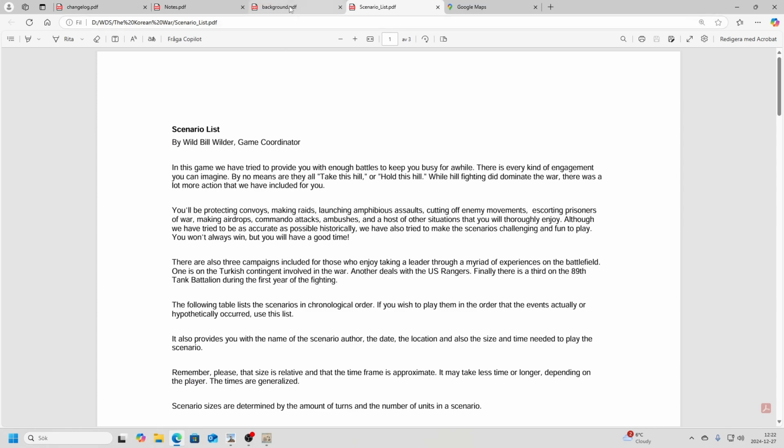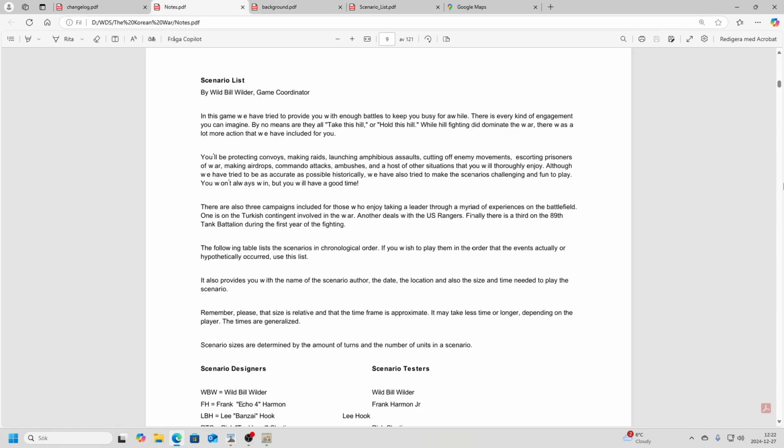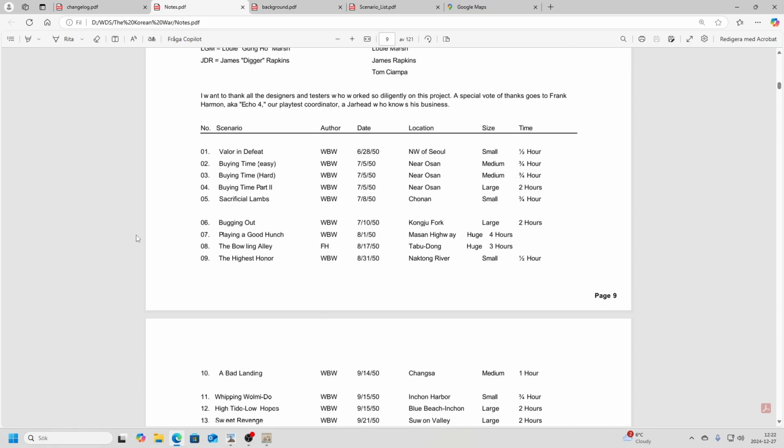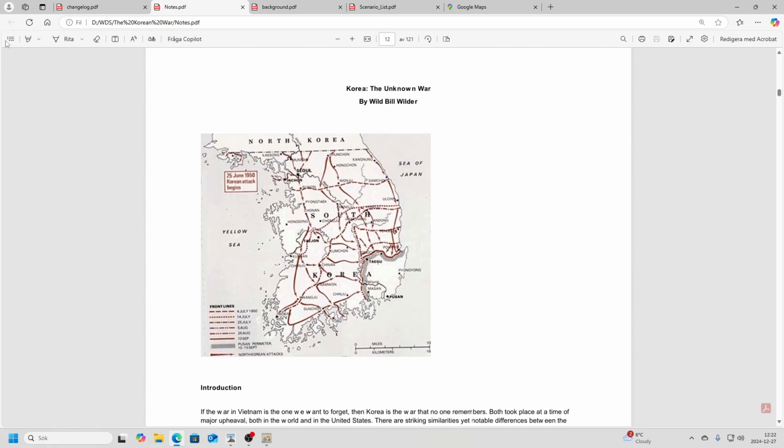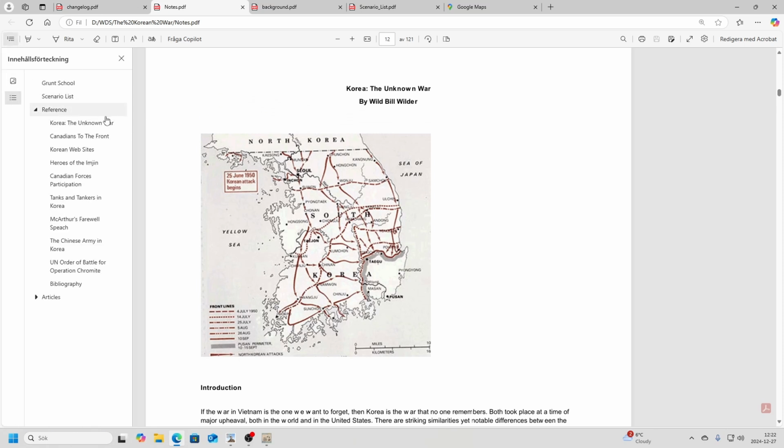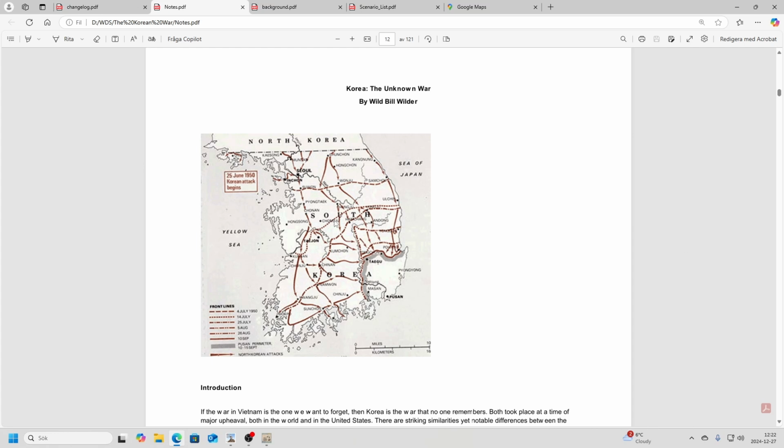And if we go back to the main notes, this is exactly what they got in that document I just showed you. But then they have a reference, and I mean, this is really extensive and well written.